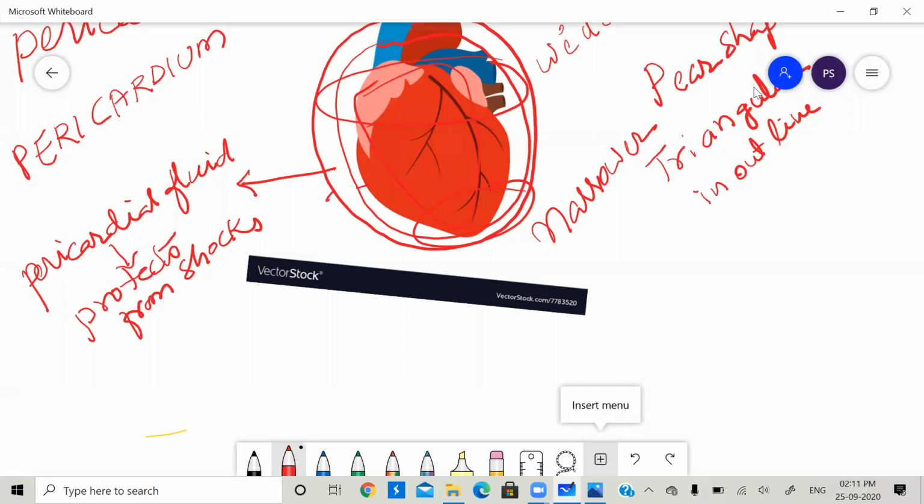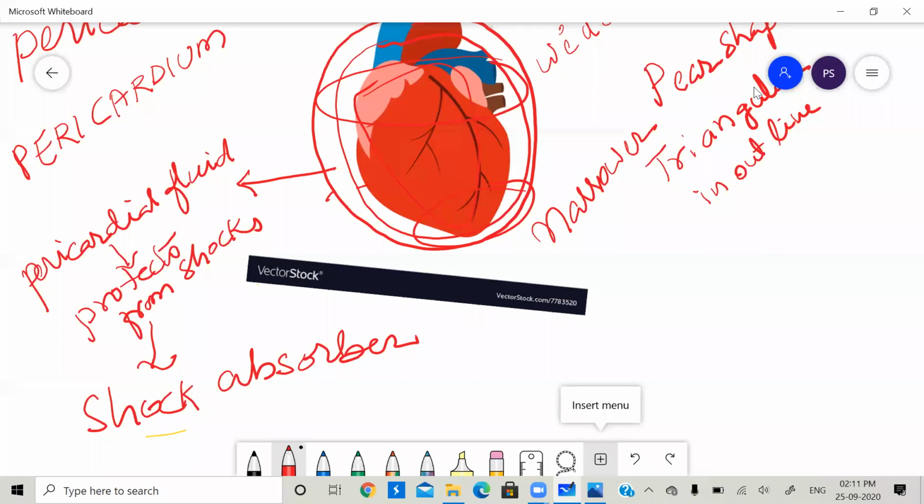This pericardial fluid protects the heart from shocks. So here the pericardial membrane with pericardial fluid acts like a shock absorber. So this is the external face of the heart.